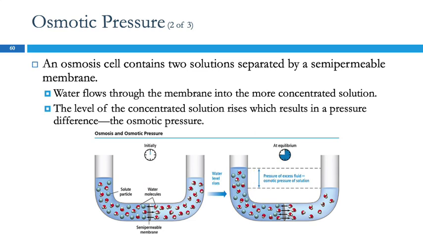That is the pressure you would have to apply to this side to stop the osmosis from happening. Reverse osmosis, which is one way to purify drinking water, is when you apply a lot of pressure here and you force the water to go through that semi-permeable membrane, and so you can keep the contaminants over here and get the pure water to go through.